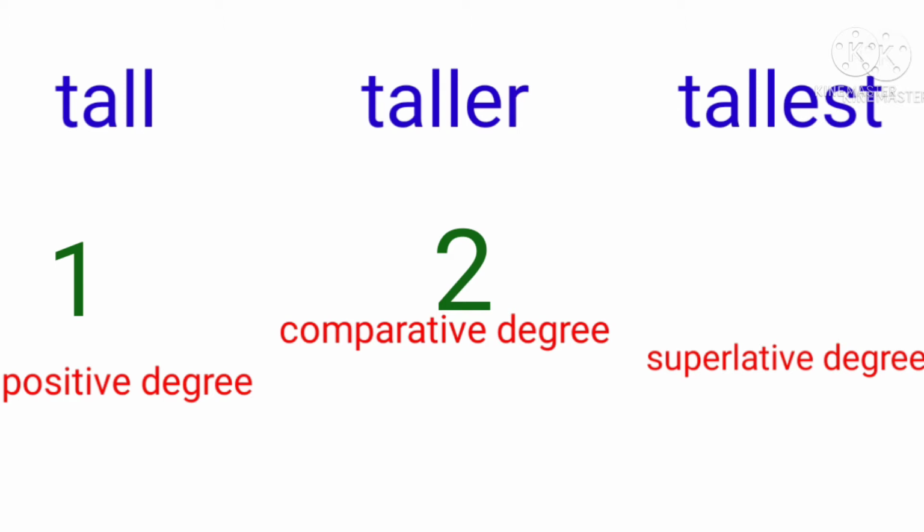In the same way, when the comparison is among more than two persons or things, the third degree is used. It is called the superlative degree. Let's move forward and learn it in an easier way.